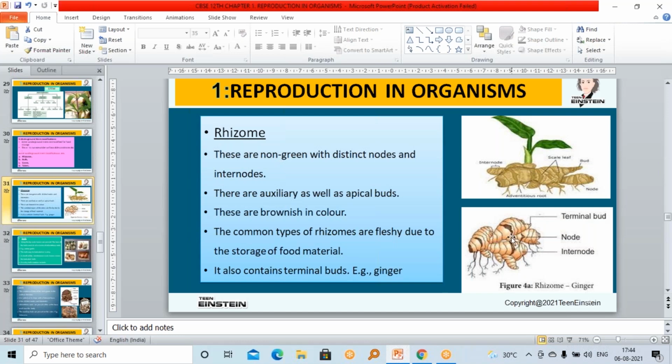Everyone should have a clear idea about ginger. And if you don't know about the kitchen and vegetables, just go to your kitchen, ask your mom, check the features, then write the answer. So the rhizome example is ginger.